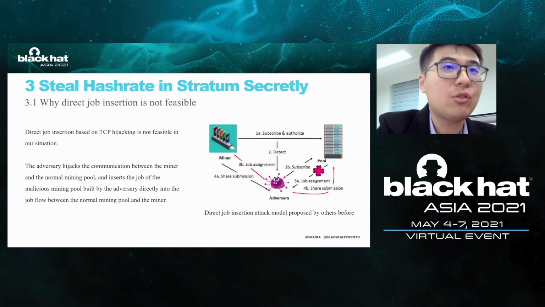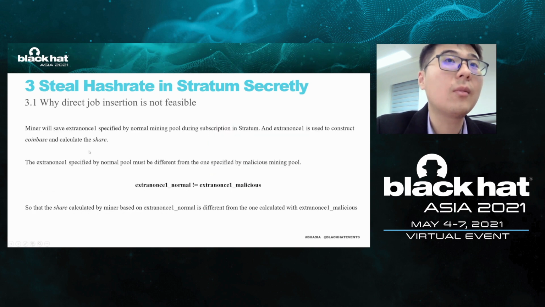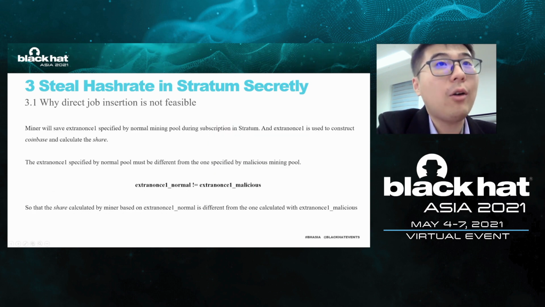The man-in-the-middle attack in Stratum has a pretty long history. The most famous one, as mentioned in Stratum V2's introduction, is the Bitcoin attack. In this slide, we name this direct job injection, because in this attack the attackers inject the tasks, hijack the share submission, and change its username to the attackers'. It works well if attackers and victim use the same pool when the connection is properly hijacked.